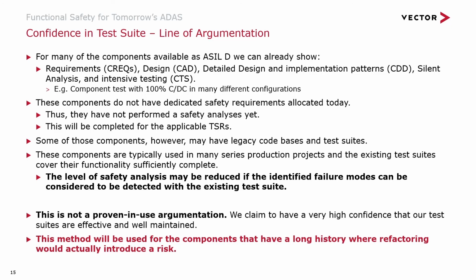We're not attempting to use an argument that says we have this software in production for many hundreds of projects for many, many years. This is not that type of argument. This is an identification that we have a very thorough test suite to show that our software meets the level of requirement and design necessary for ISO 26262.